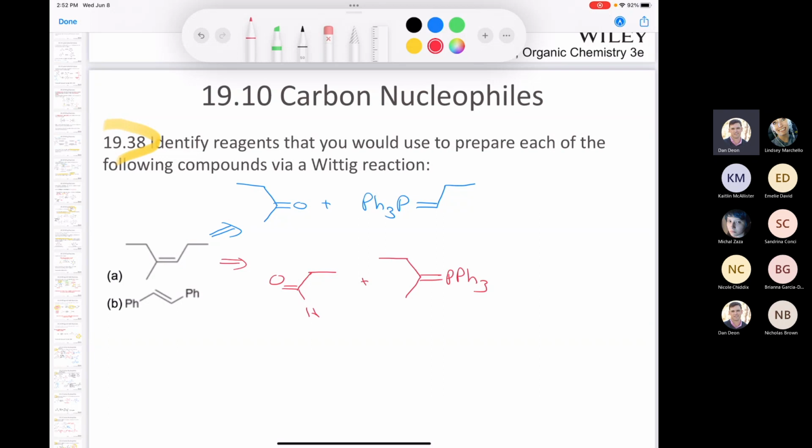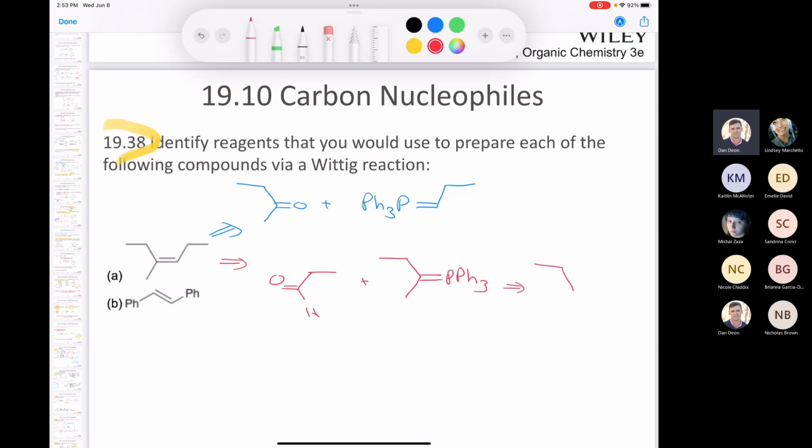And then my Wittig reagent would be this, PPh3. So the question is then, would I want to make the Wittig reagent the one in blue or the one in red? Which one would be easier to make via an SN2 reaction? The one in blue or the one in red? Blue. Absolutely, 100% right. Because if you wanted to make the one in red, you'd have some serious issues, wouldn't you?